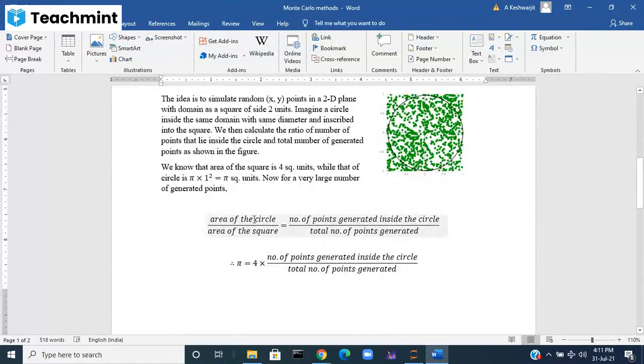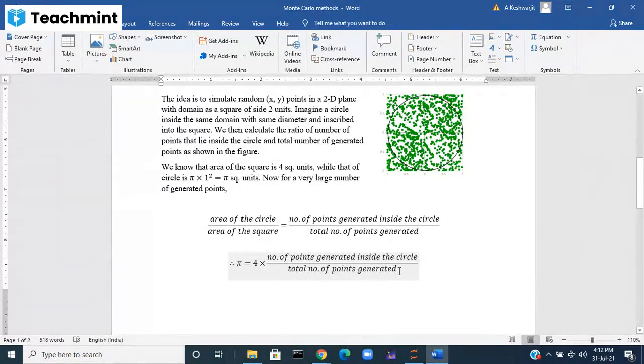The area of the circle is pi. The area of the square is 4. So, with the area of the square, 4, on the right hand side, this division becomes multiplication. So we have pi equals 4 times the number of points generated inside the circle divided by the total number of points generated inside the square.